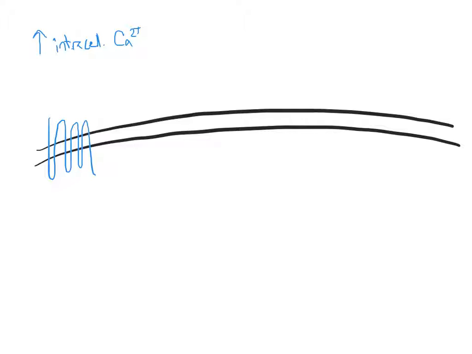And again, this receptor is coupled to a G protein, but the G protein in this pathway is GQ. When a hormone binds this type of receptor, that G protein activates an enzyme located at the inner surface of the plasma membrane. This enzyme is called phospholipase C.